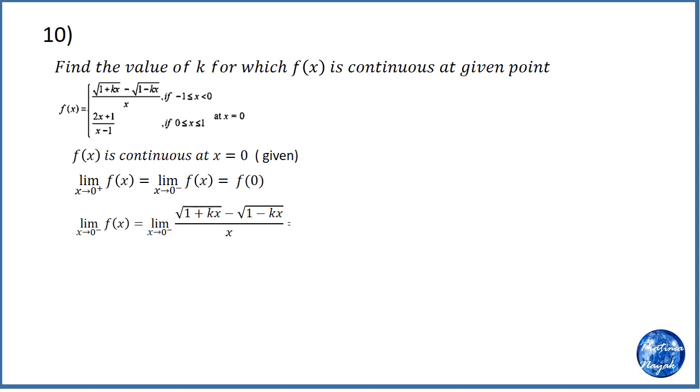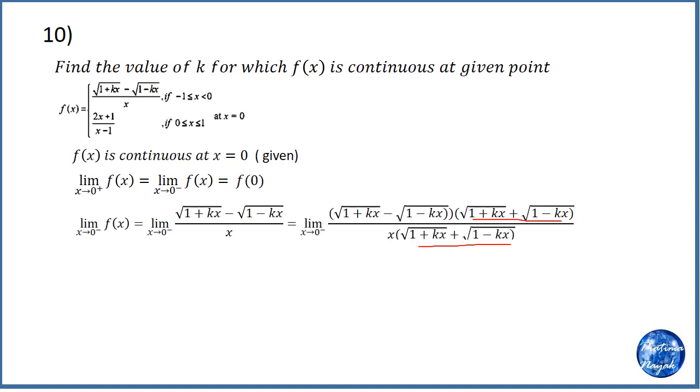So now taking the left hand limit. Limit x tends to 0 minus of (root 1 plus kx minus root 1 minus kx) by x. So as I discussed, you rationalize this. We will multiply by under root 1 plus kx plus under root 1 minus kx in both the numerator and denominator.